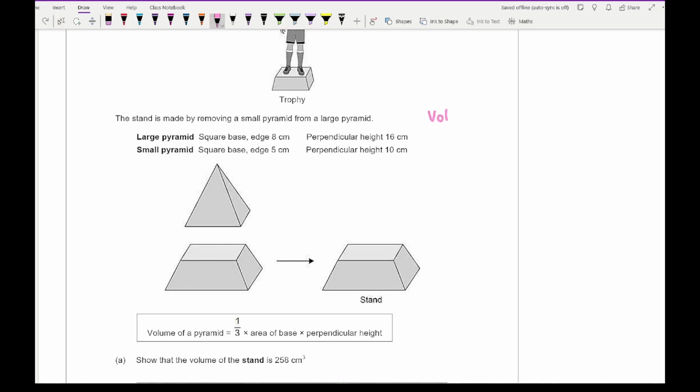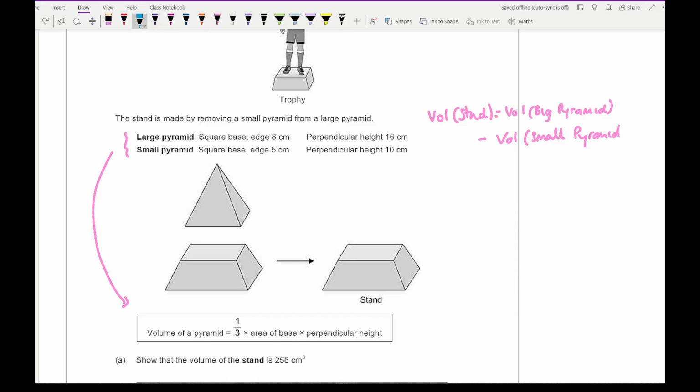Now the volume of the stand is equal to the volume of the big pyramid minus the volume of the small pyramid. So we need to use the data that we've been given here and substitute that into this formula.